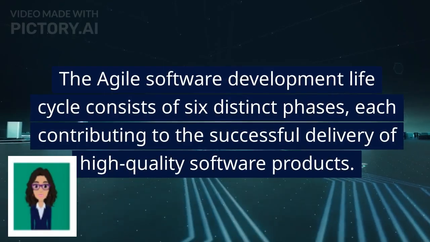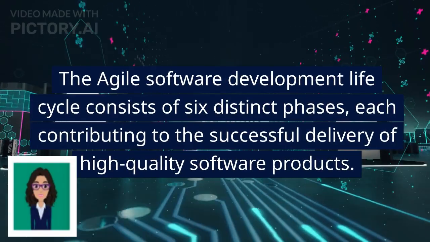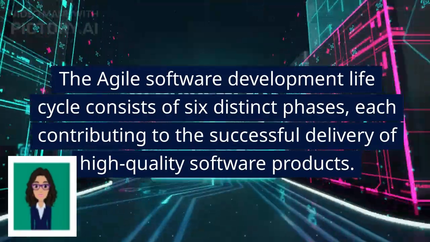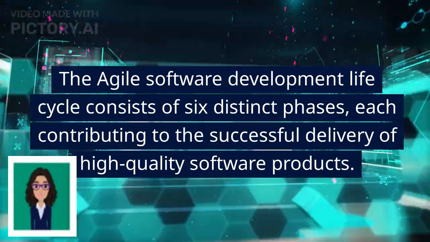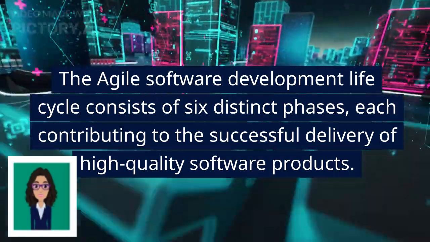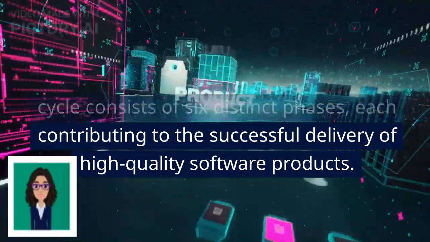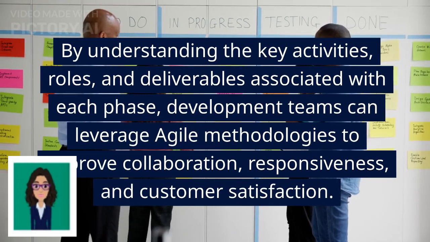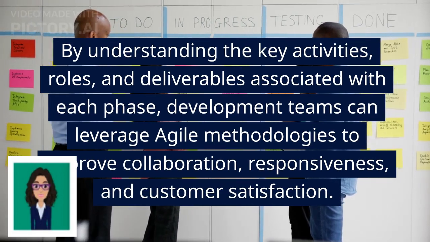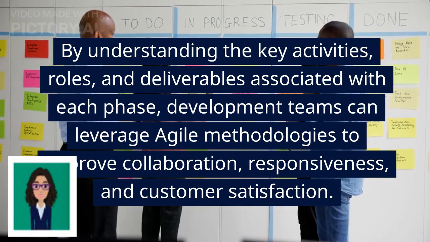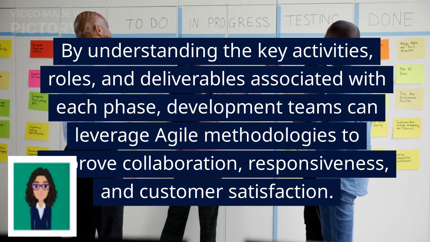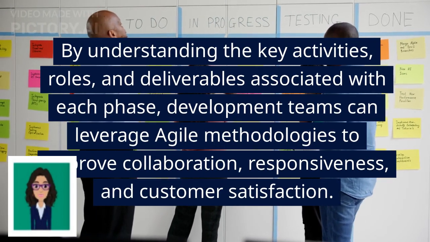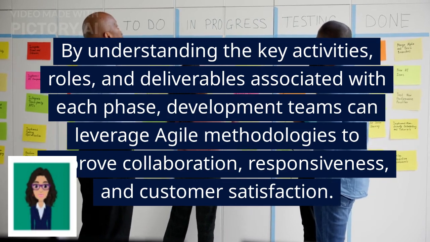The Agile software development lifecycle consists of 6 distinct phases, each contributing to the successful delivery of high-quality software products. By understanding the key activities, roles, and deliverables associated with each phase, development teams can leverage Agile methodologies to improve collaboration, responsiveness, and customer satisfaction.